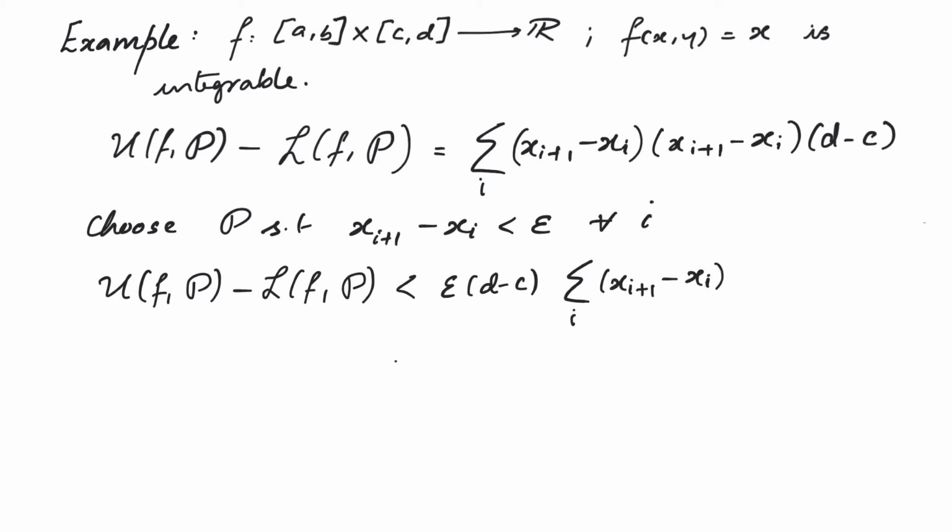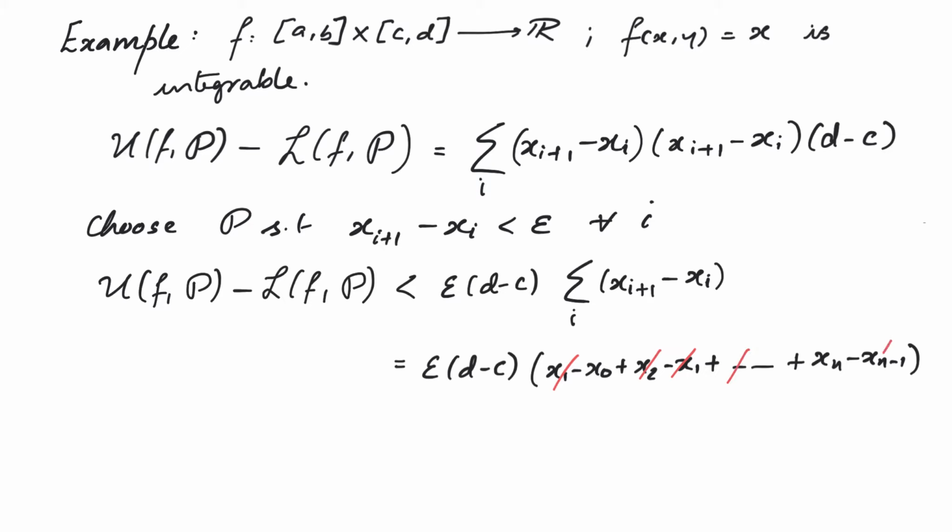But summation over i of (xi+1 minus xi) is equal to (x1 minus x0) plus (x2 minus x1) plus etc. up to (xn minus xn-1). As before, all terms except xn minus x0 get cancelled, and xn is equal to b and x0 is equal to a.